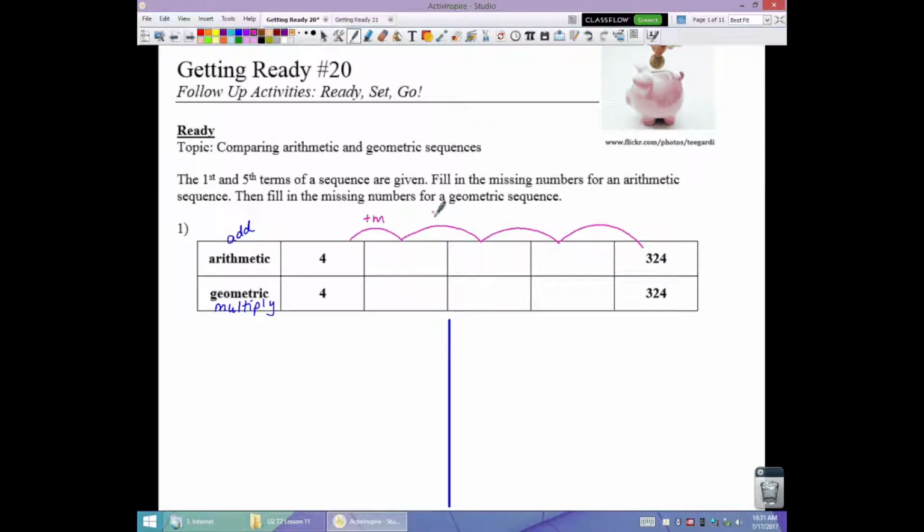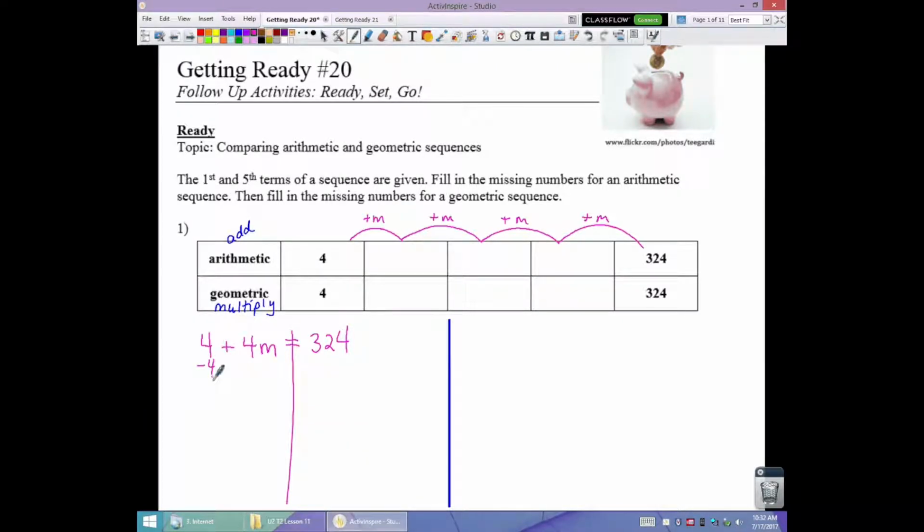So each one of those, I had to have added the exact same value. I'm calling it m. You can call it whatever variable you want. So that means 4 plus, there were 4 m's added, so 4 times m equals 324.